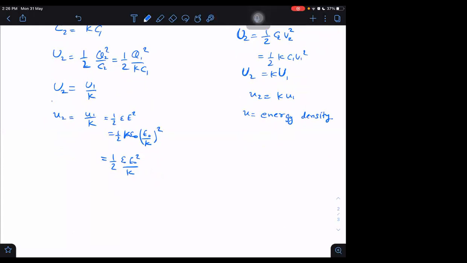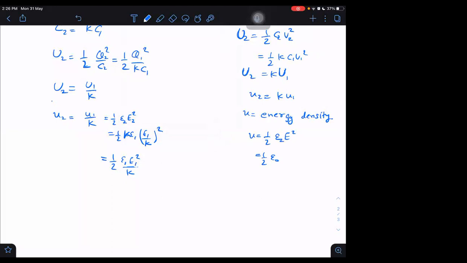Similarly, for the second case, if you find it out, it will become half of epsilon into E square, which is equal to half of epsilon 2 into E2 square. I changed this notation, sorry. Epsilon 2, I should have written. Epsilon 1 and E1.